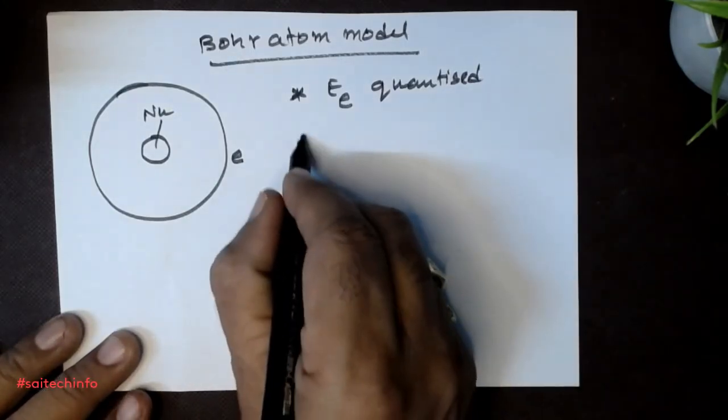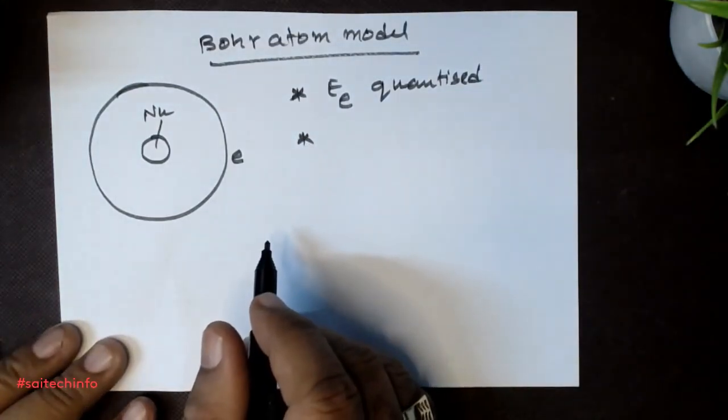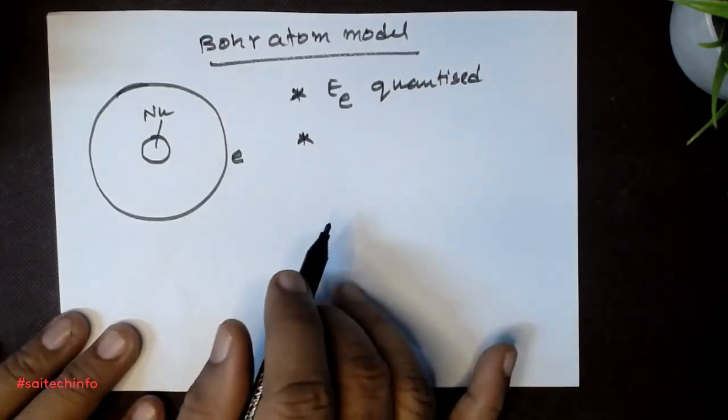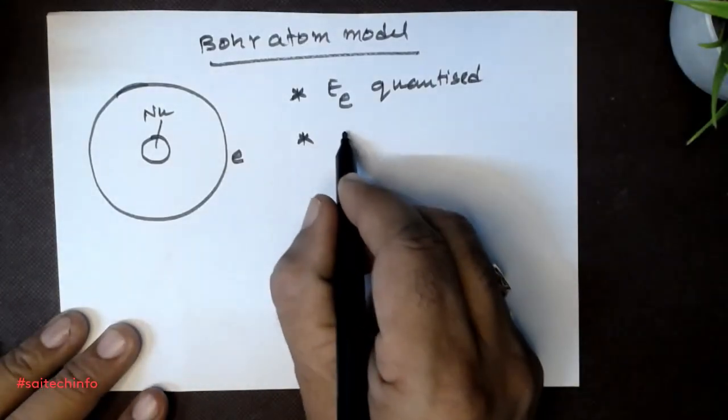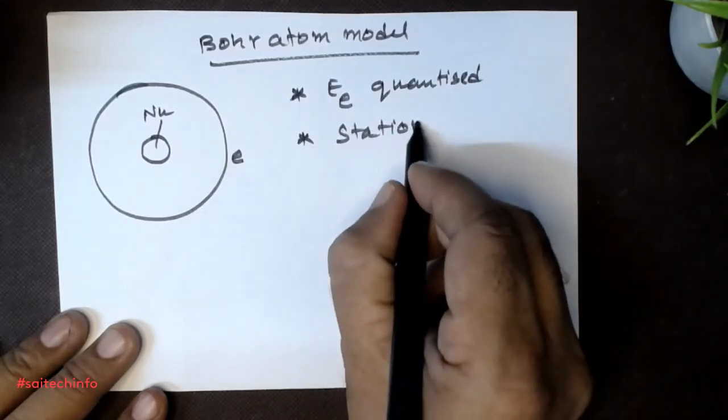Second thing, the electrons revolving around the nucleus in a circular path with fixed energy are called stationary orbit. So he introduced a term, stationary orbit.